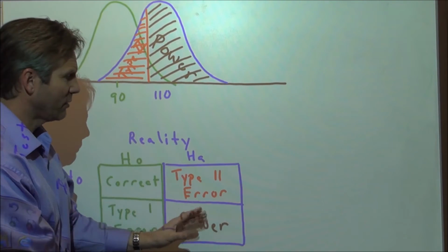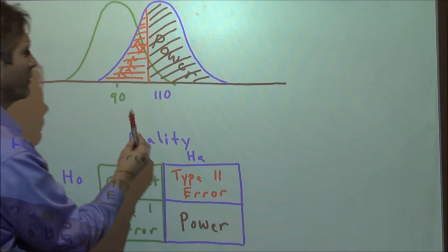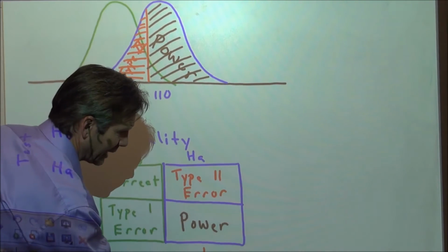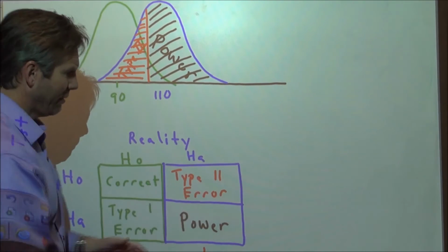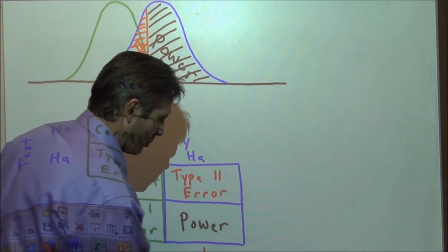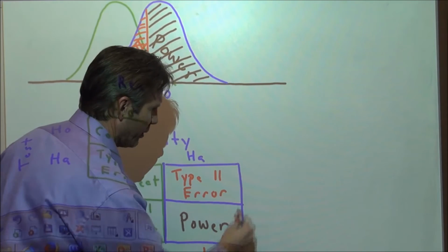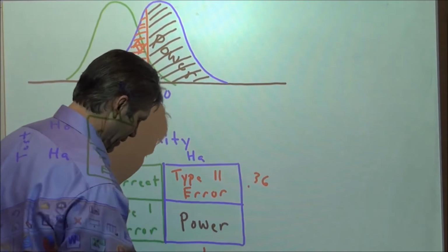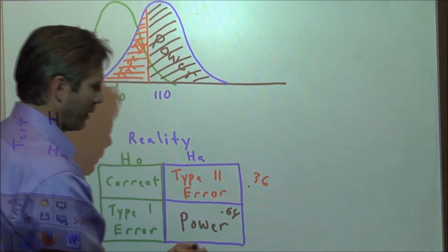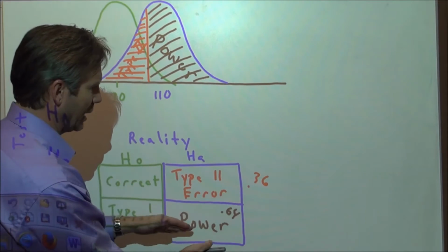So one of the things to consider is that the total probability here is 1. If the type 2 error has a probability of 0.36 of happening, then the power would be 0.64. So these two probabilities add up to 1.